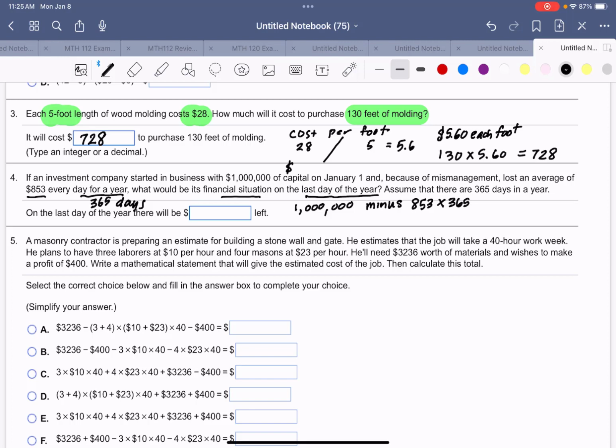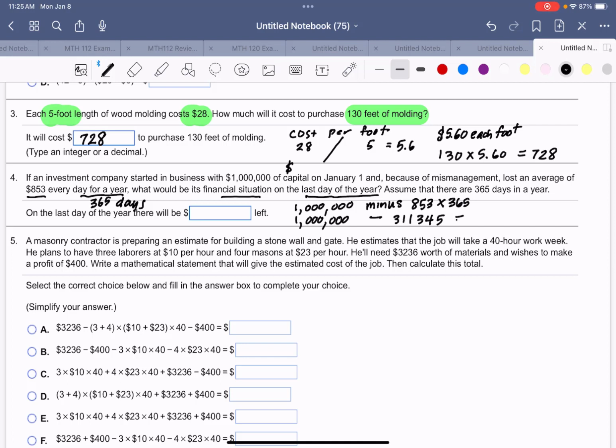So we have to multiply that. So it's going to be 1 million minus the business losses, $8.53 times 365, which is $311,345.